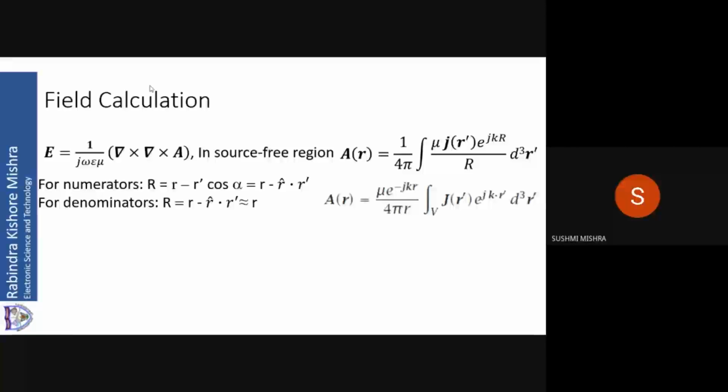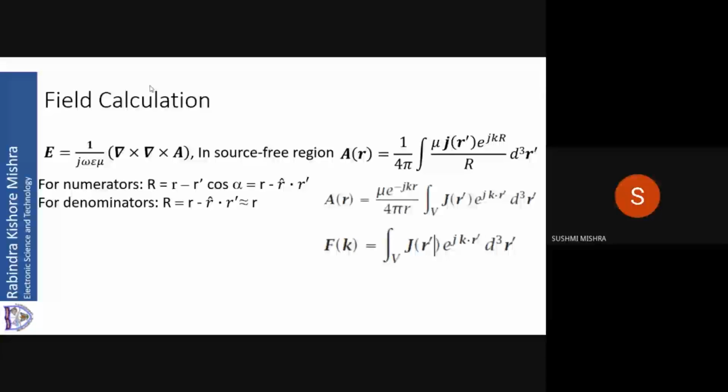Once we see that, we immediately recognize that the volume integral can be represented as a separate vector, and that vector we call the radiation vector. Like A(r), this new A(r) with the approximation for capital R we call the radiation vector potential, because it is valid only in the far field region.